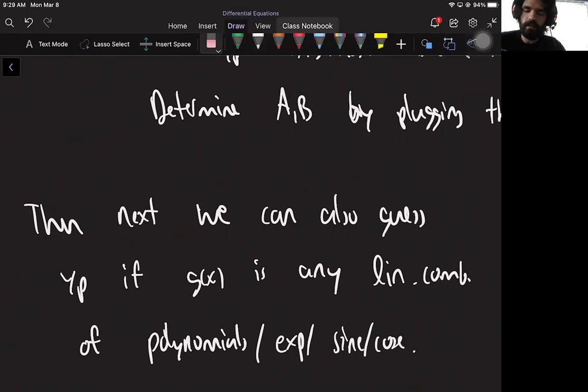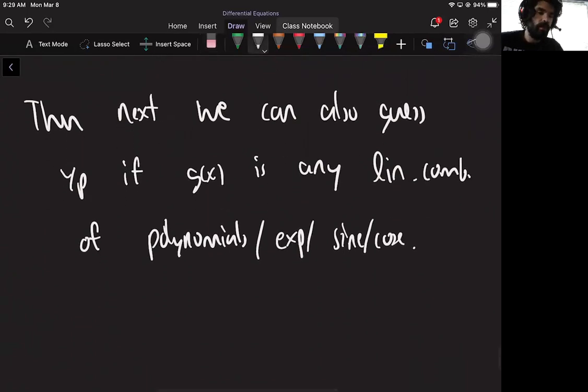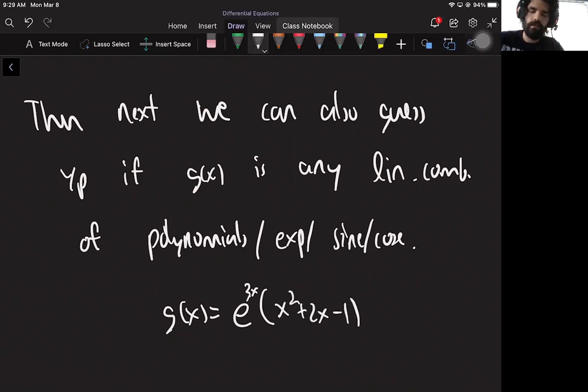And the reason is because if you take derivatives of linear combinations of these, so if you have something like this, e to the 3x, x squared plus 2x minus 1 times like sine of x.